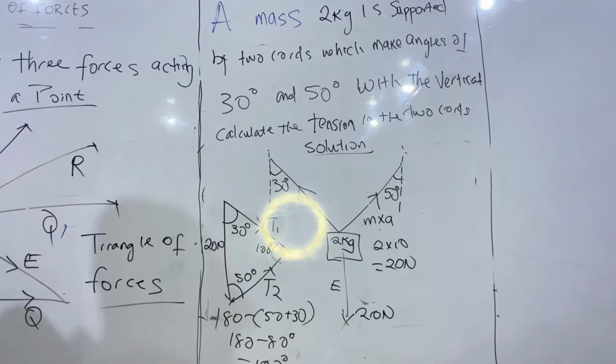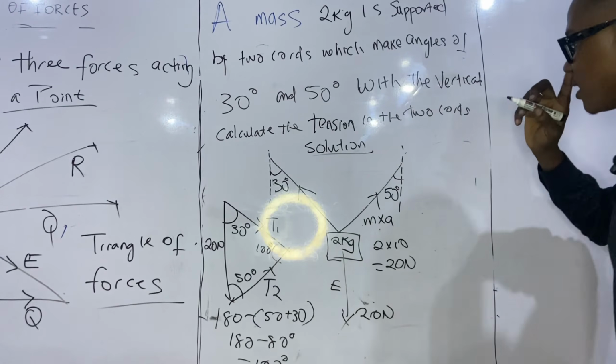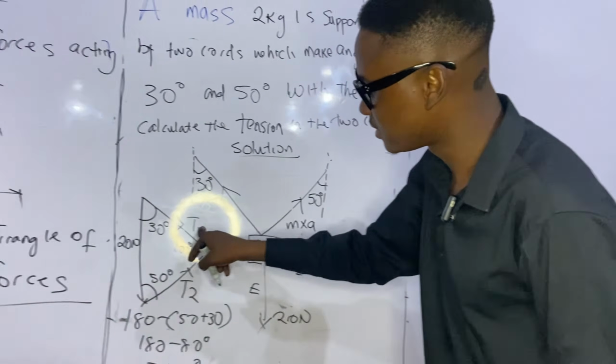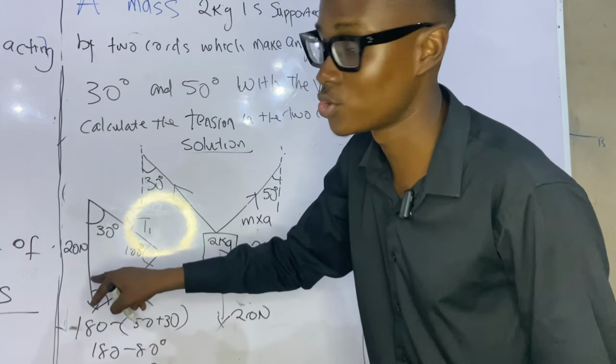So the angle here is 100 degrees. If we want to use the sine rule, remember, the sine rule is the side divided by the sine of the angle opposite to that side.